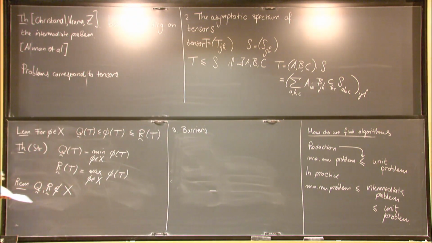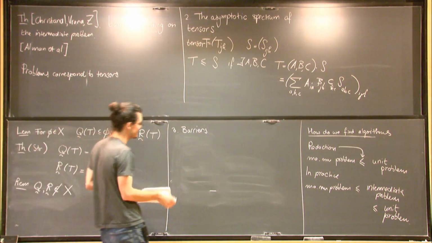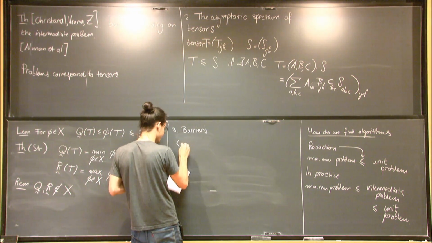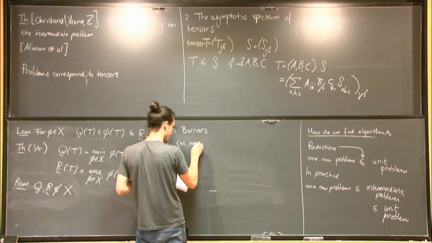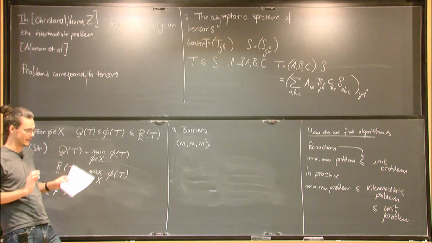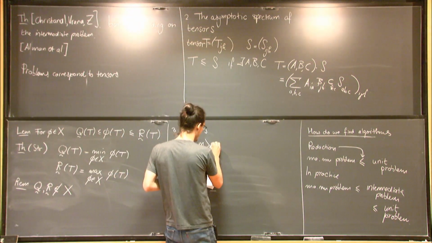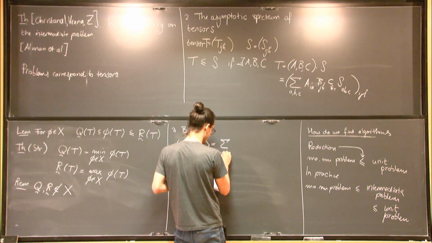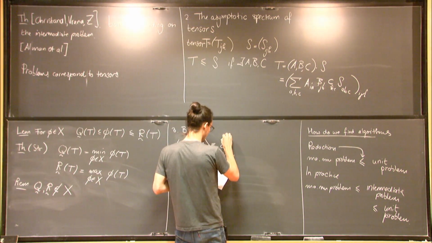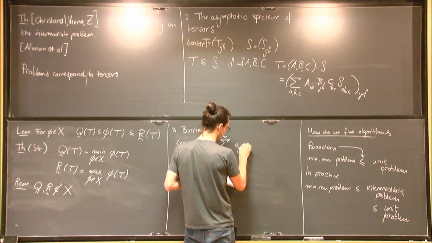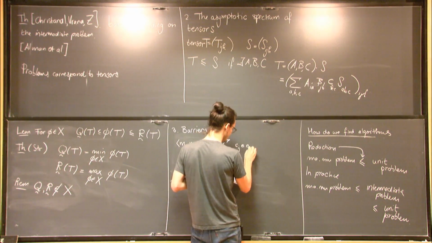The first thing, as I told you before, is that problems correspond to tensors. So the first thing we have to do is talk about the matrix multiplication problem. It corresponds to the matrix multiplication tensor. That tensor is denoted by MMM for multiplying two m by m matrices. And it's this tensor: you sum over i, j, k from 1 to m, and then you take the outer product of three basis vectors.